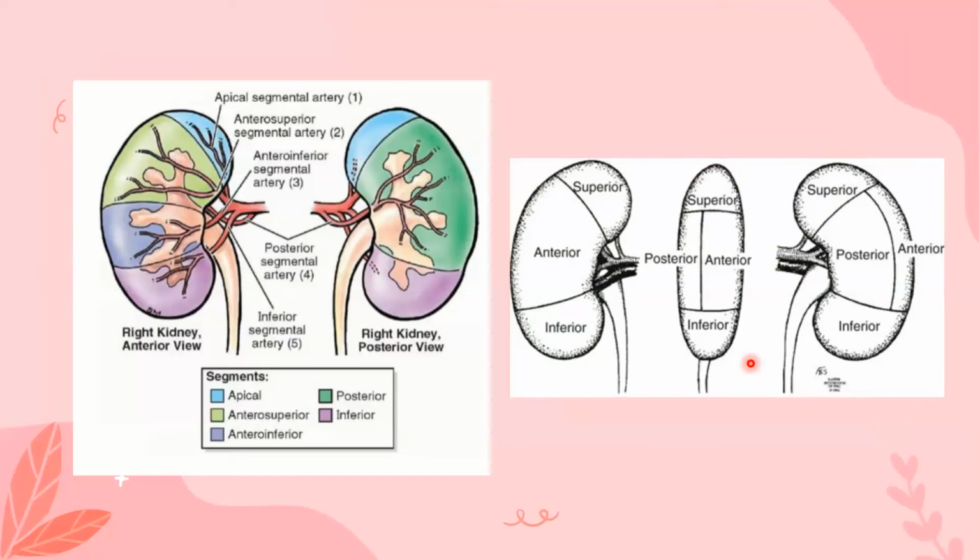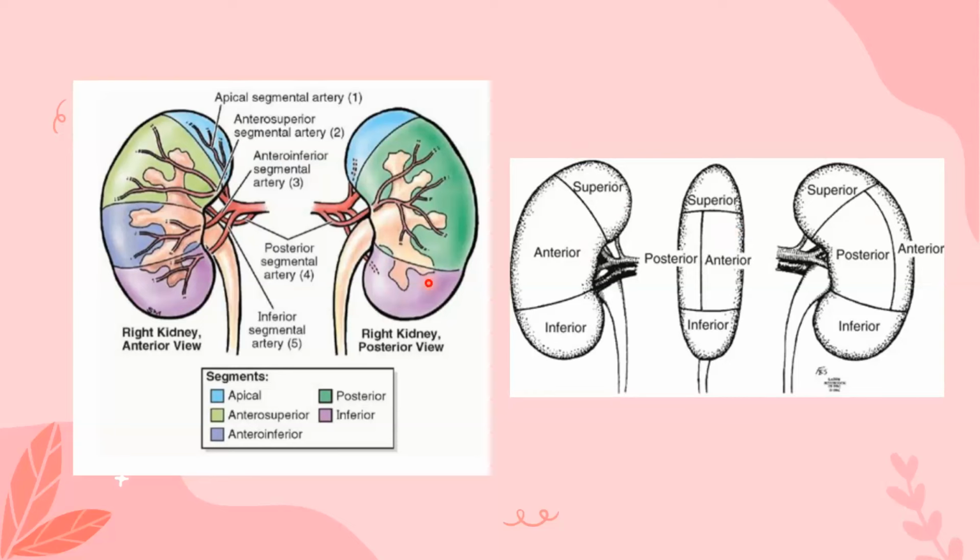So based on those names, very slowly, let's go through it. I have my renal artery coming out at L2, as you guys said. And then it's going to give me a superior branch that goes up to supply the superior segments of the kidney. It's going to give me a posterior branch that is going to supply the entire posterior aspect.